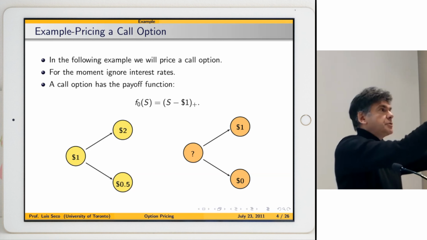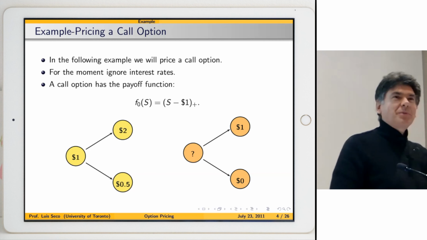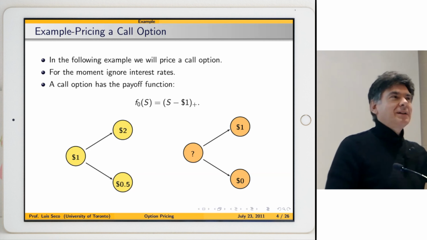Because the option happens to have exactly the same payoff as this portfolio we just built. We did that last week with the bond forward contract, remember? So we haven't done anything today. I just wasted half an hour of your time. We did exactly the same thing. I just dressed it up differently.